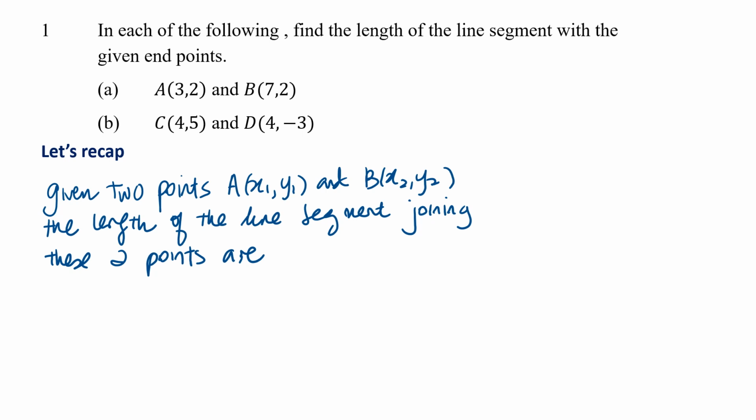Supposing we have 2 points, the first point is A, and I'm going to label its x coordinate and y coordinate as x1, y1, and then point B as x2, y2.